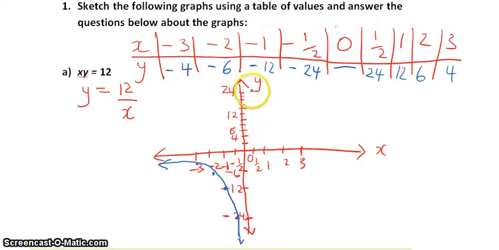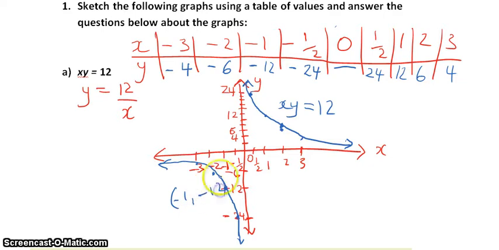So you need to make sure that you are graphing these points really accurately, that's really, really important. So it should be absolutely symmetrical going through those points. Arrowheads on it, label it, so this is xy is 12, and label it with the original equation. And you should also label a point, so this is, say, the point -1, -12 here.